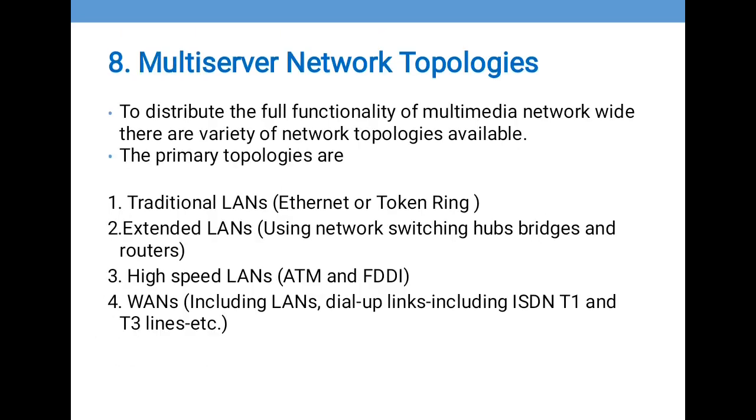And the last component of the distributed multimedia system is multi-server network topology. Here the distributor is fully functional over the multimedia network. A wide variety of network topologies are supported by the distributed multimedia system. The primary topologies supported are traditional LAN, which can be called Ethernet or token ring, and extended LAN, which uses switching hubs, bridges and routers, and high speed LAN, for example ATM and FDDI, which works in asynchronous mode.